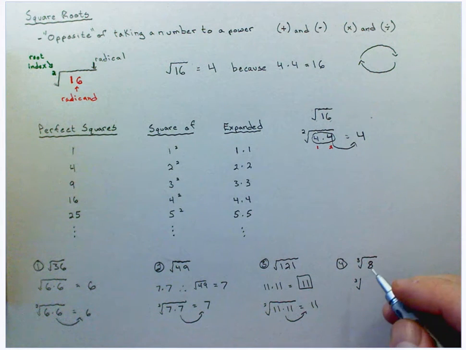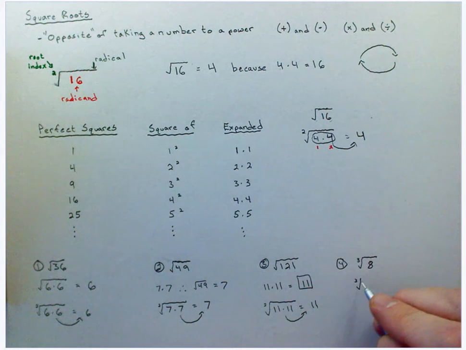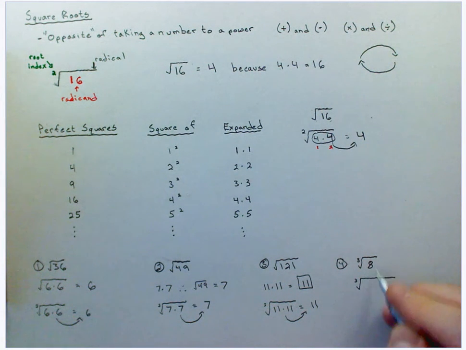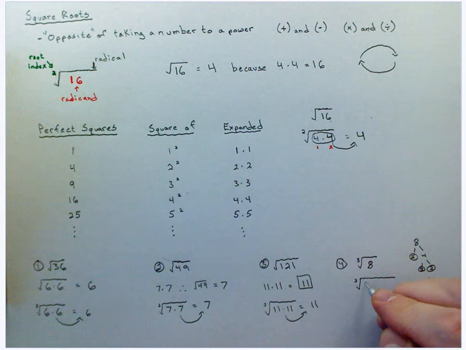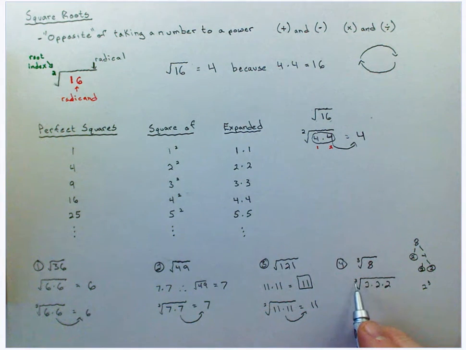But remembering all of these becomes very difficult. So this is how I view it. Let's break 8 down. If I factor 8, make a little factor tree, how many 2s do I have? 3 of them. It's really 2 to the third. I have 2 times 2 times 2. And this is my root index. It is 3.